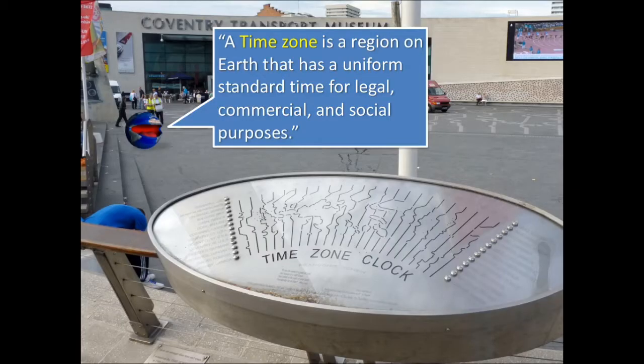So, a time zone is a region on the earth that has uniform standard time for legal, commercial, and social purposes. There are some funny time zone things. For example, China, which is quite a large country geographically, has all one time zone because their government felt like the country would be more unified if they're all on the same time zone.